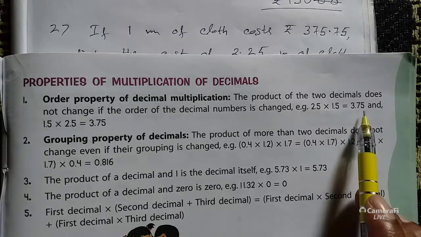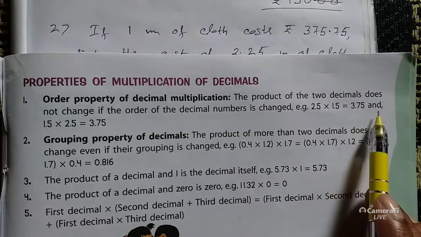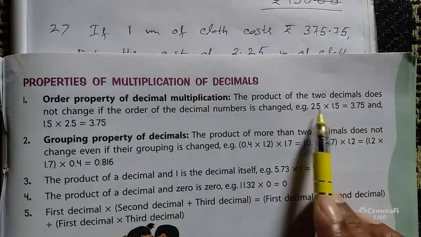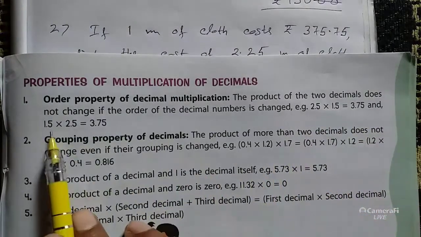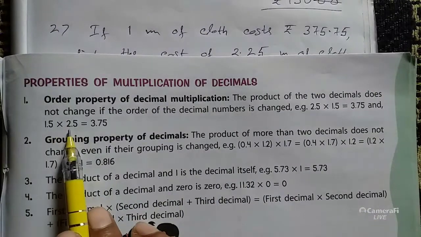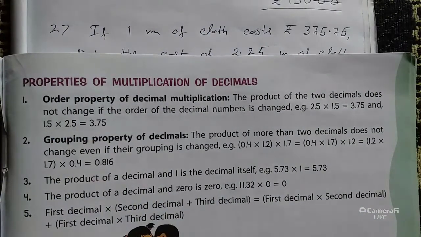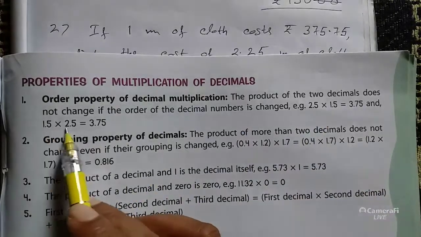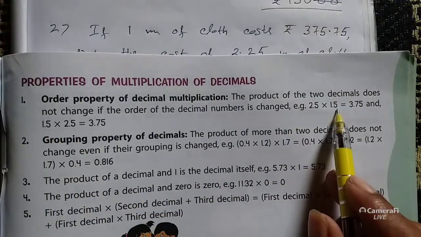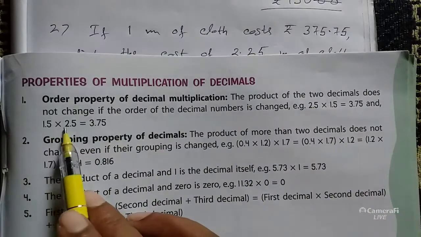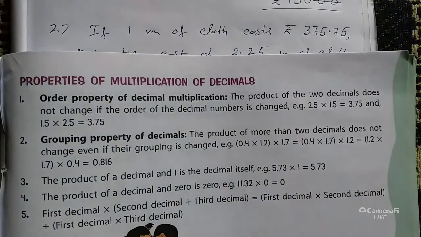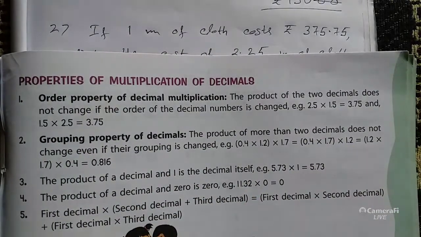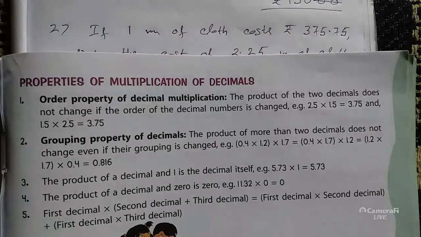If we interchange the two, first 1.5 and then 2.5, we get the same result. So 2.5 multiply 1.5 equals 1.5 multiply 2.5. This is the order property of decimal multiplication.